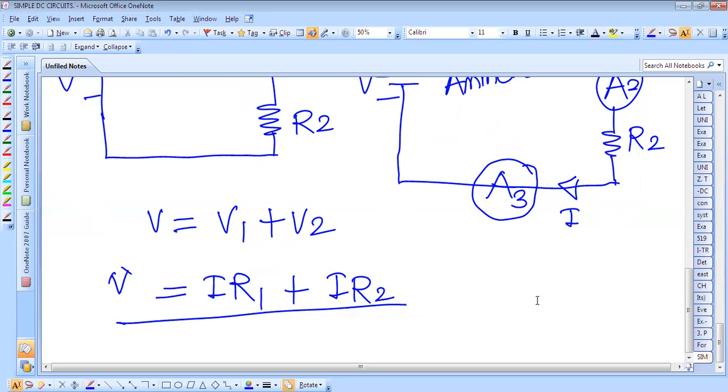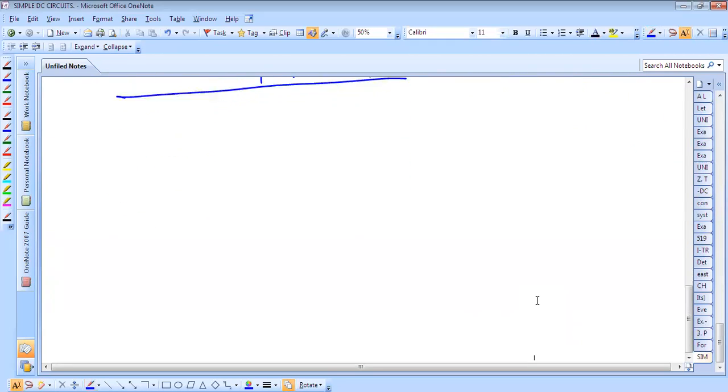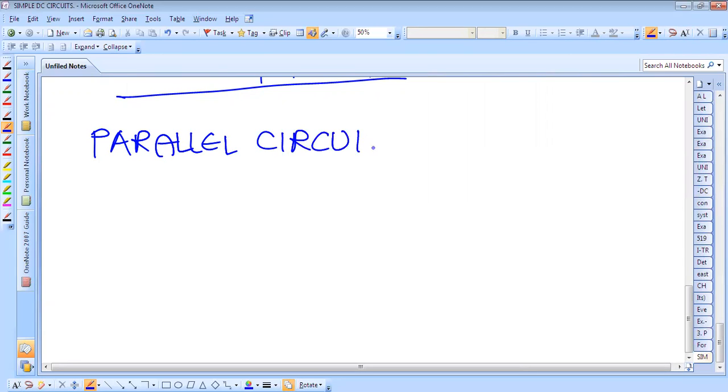Now this is about the series circuit. Let us consider the parallel circuit. In the parallel circuit, the same voltage source is there.